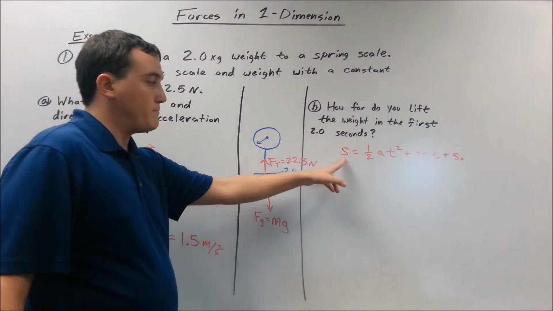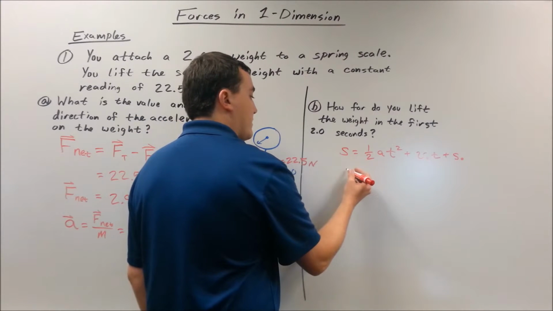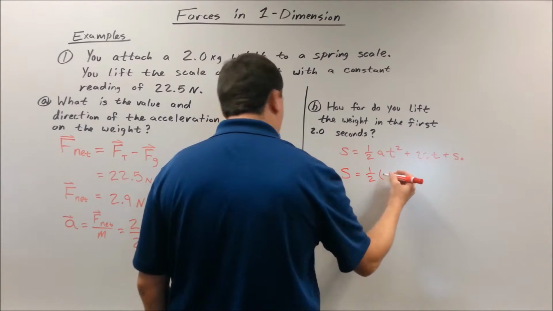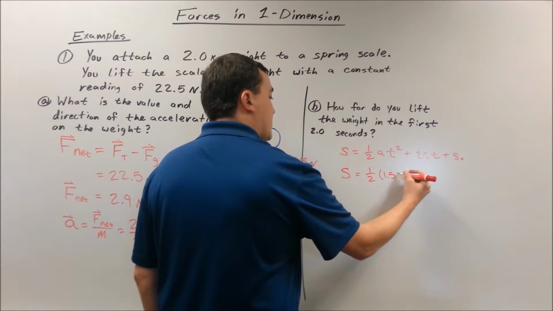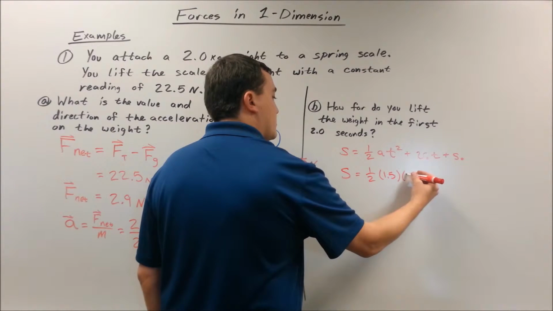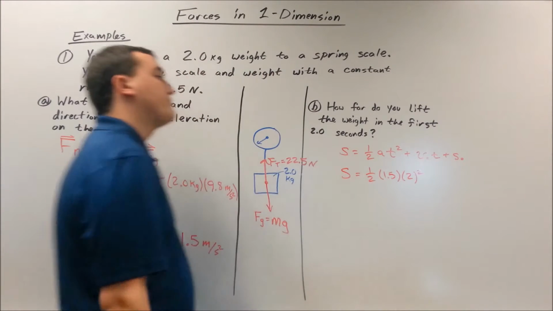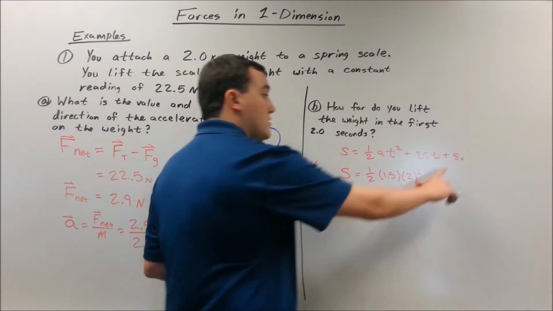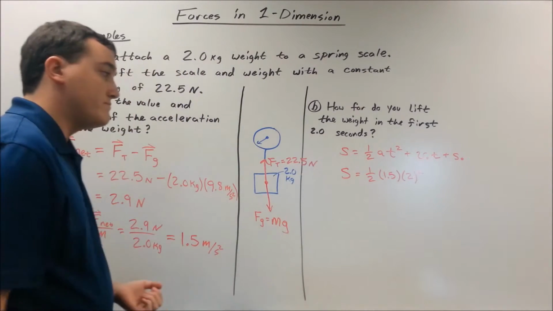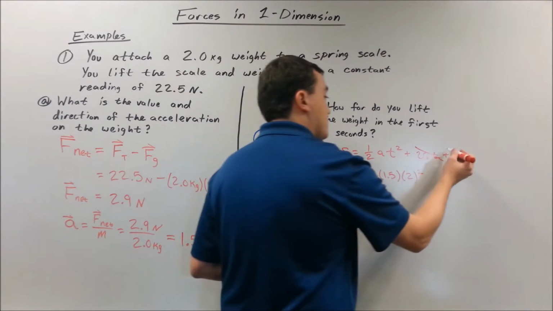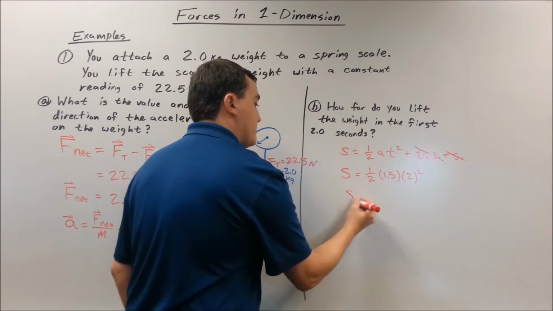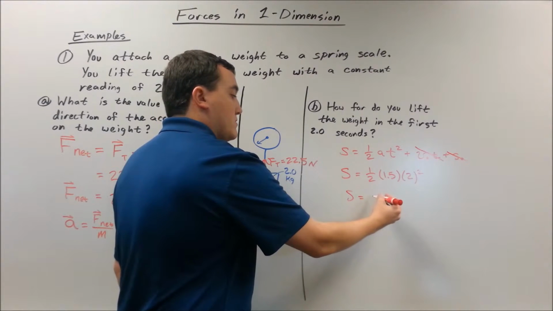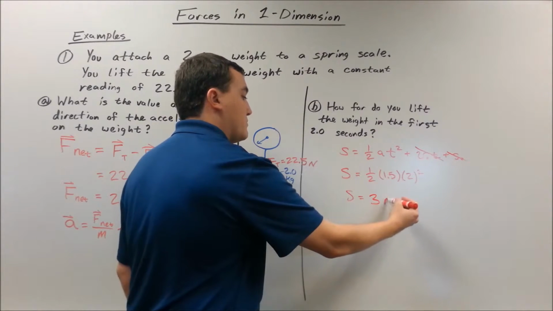We're trying to find S. We found A to be 1.5 meters per second squared, and time is 2 seconds squared. Our initial velocity is 0, because it says in the first 2 seconds. Our initial position is 0, so those go away. So S equals 4 times 1.5 is 6, divided by 2 is about 3 meters.